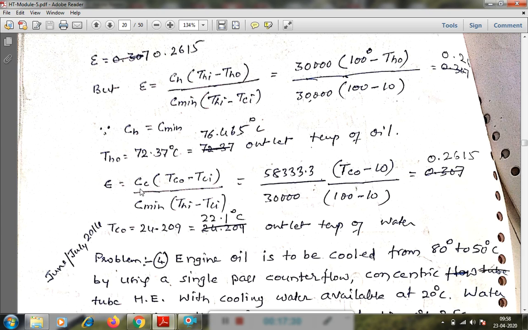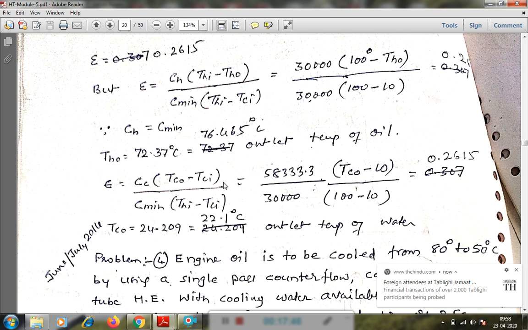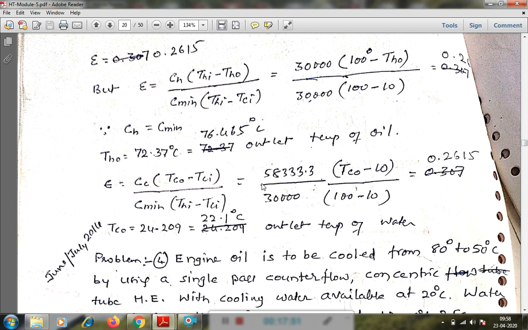Also effectiveness can be given by the heat gained by the cold fluid, that is Cc into Tc naught minus Tci by C min into Thi minus Tci. This is the effectiveness equation in terms of the temperatures, and the other equation is in terms of the NTU and C, the C min to C max ratio, as taken from the data handbook.